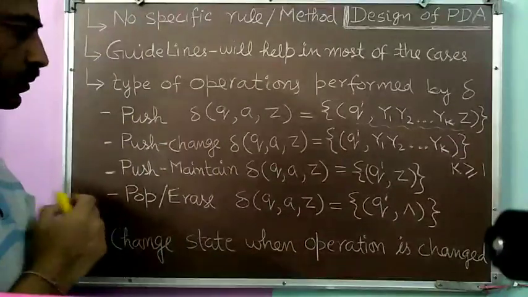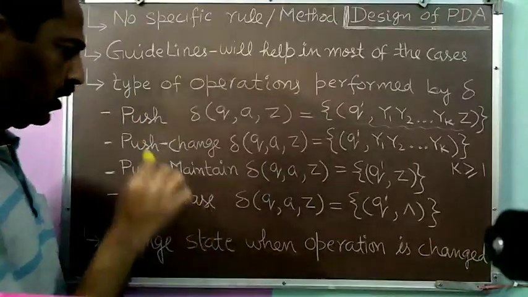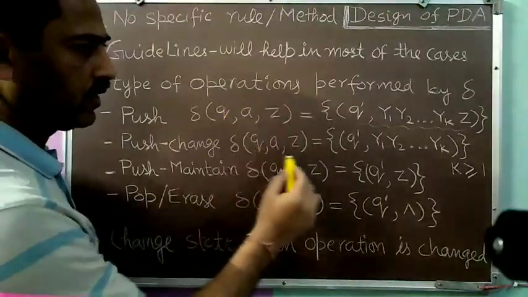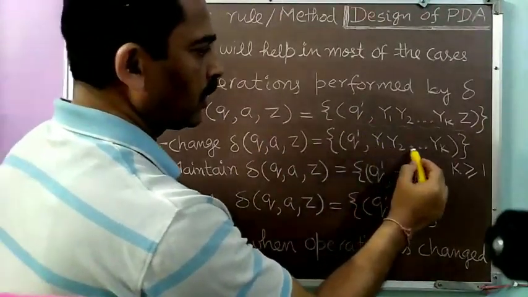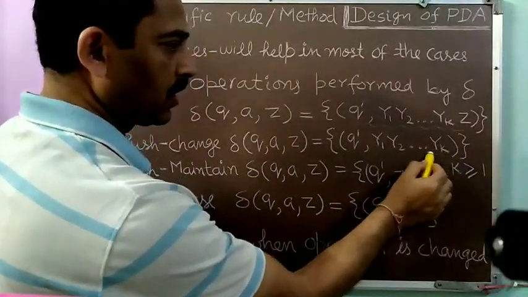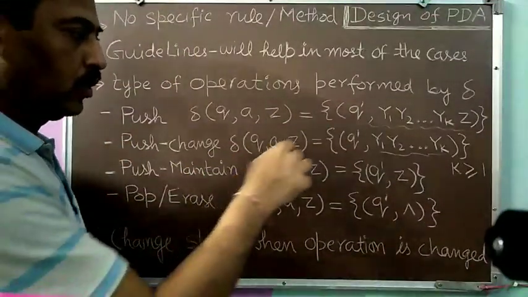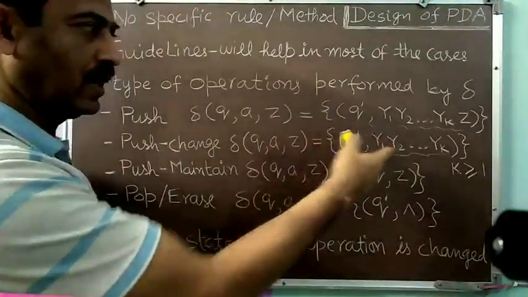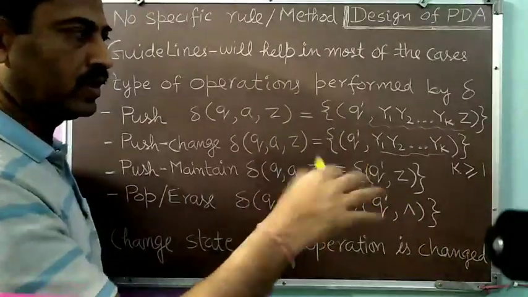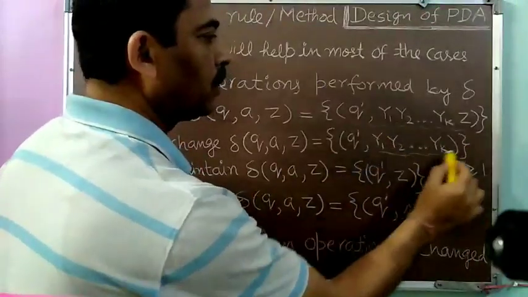Now come to the second one, which we call push change. This is also a push operation, but we call it push change because it has the form delta(q, a, Z) = (q', y1 y2 y3 ... yk). This means the last symbol of the string which we are writing over the push-down store is not Z. Because Z is the topmost symbol, in making this transition we will be popping this Z. So this Z will be removed from the push-down store and something else will be pushed.